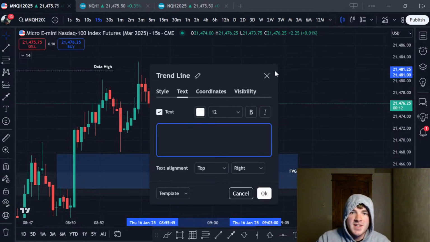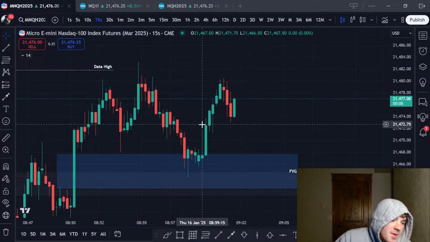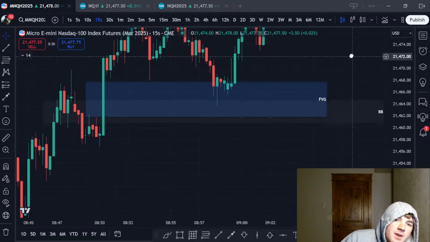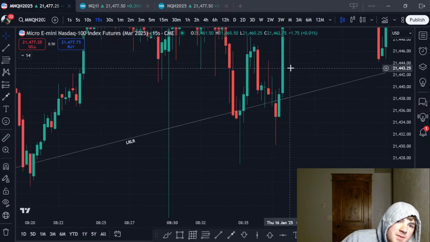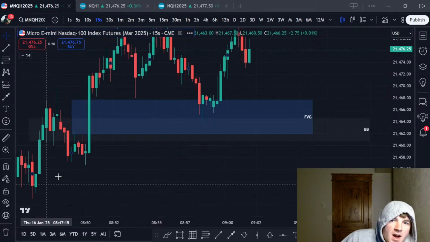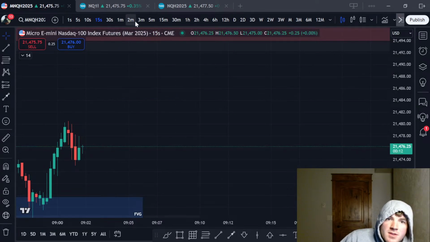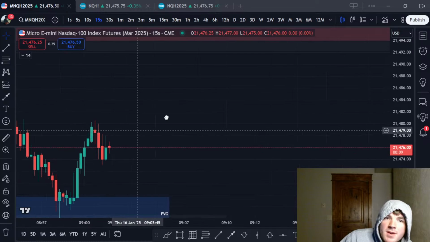There's a reason I didn't take this. It's just not super high probability with the LRLR below, all the way down here. I'm looking for possibly a short once we can get the model framed a little better.